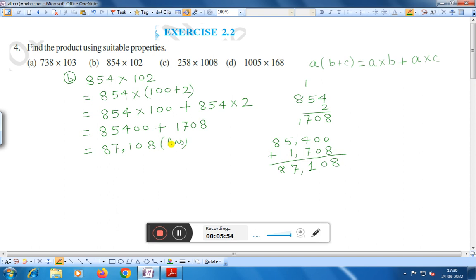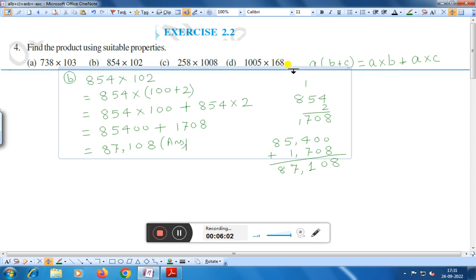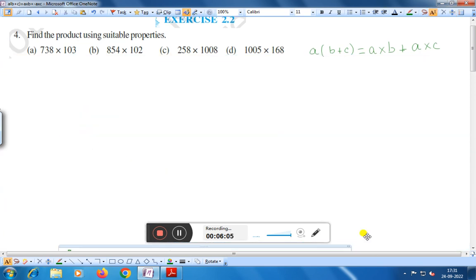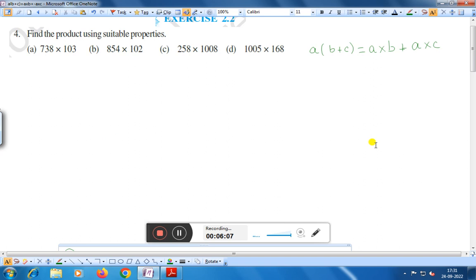Now we will see the next question, that is question number C. Here you see we are doing question number C. In C it is given as 258 into 1008.